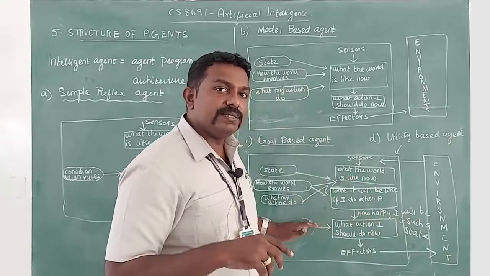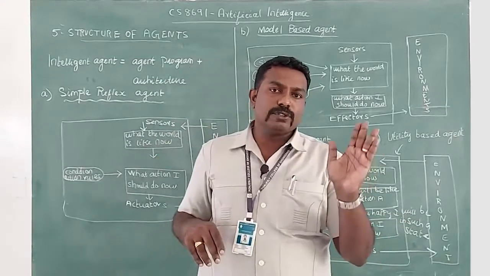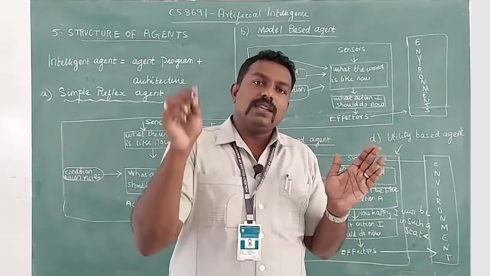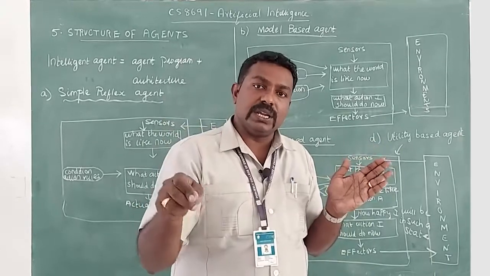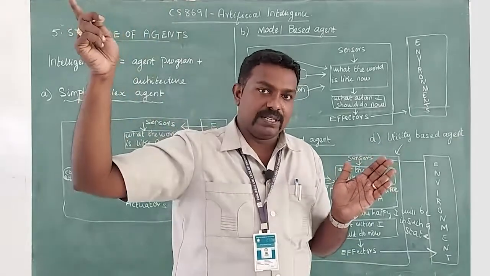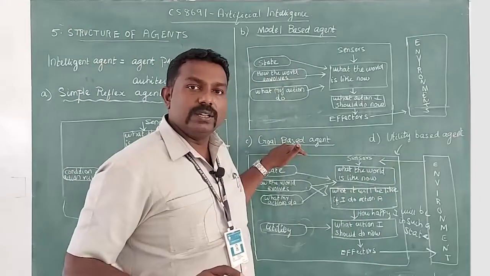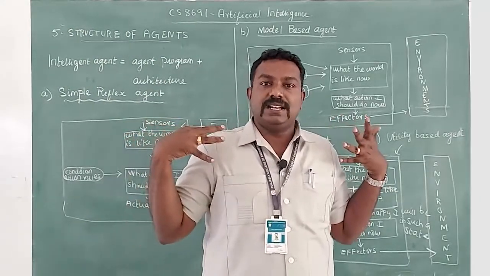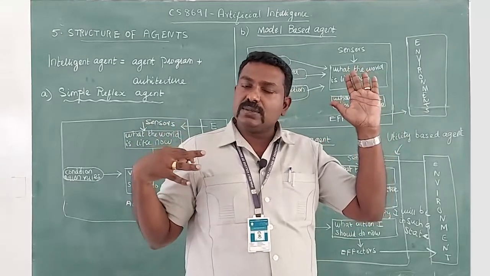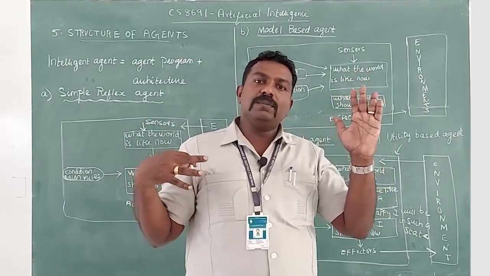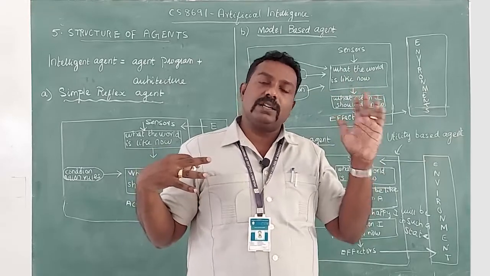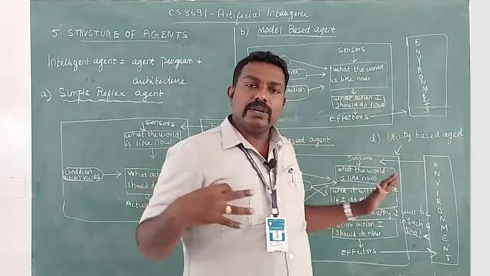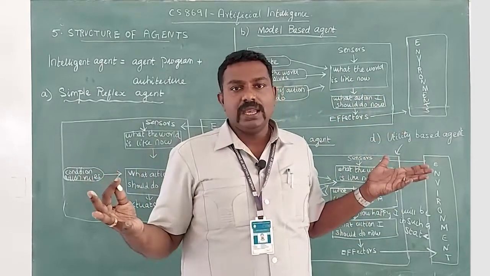Whereas in the utility based agent, you have 3 or 4 solutions in your hand, and you are given the privilege to choose a solution that gives better performance. That's why you have added it: how happy I will be in such a state. Because I have 5 or 6 solutions in my hand, and I am given the privilege to choose a solution that gives better performance.